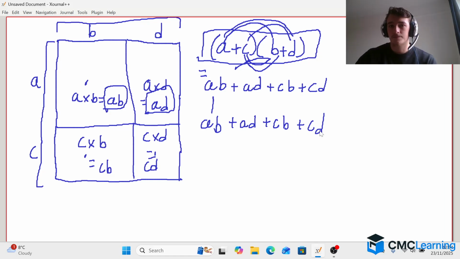So this is why that is how you expand brackets, because it's really just an abstract way of looking at it: if you have 4 rectangles condensed into one, the area of these 4 rectangles is the area of the big rectangle.